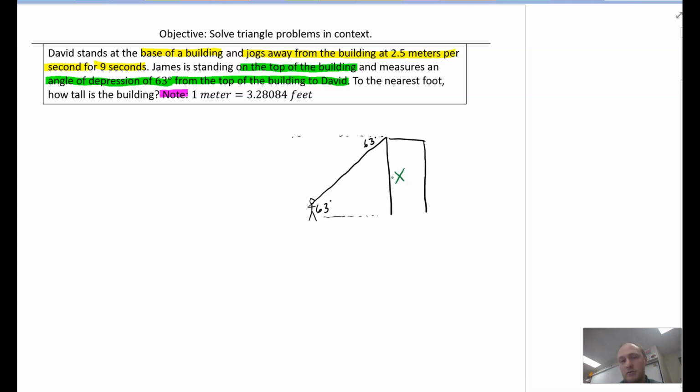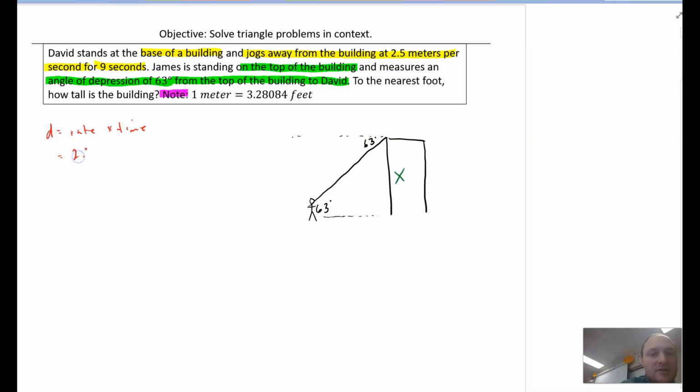Well, I have an angle, and I also have information about David. David is jogging. His rate is 2.5 meters per second. If I want to find distance, distance is equal to rate times time.